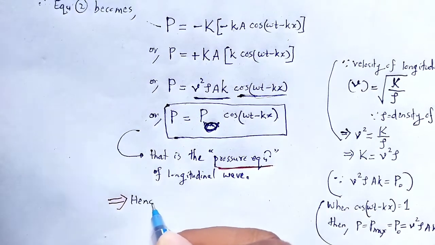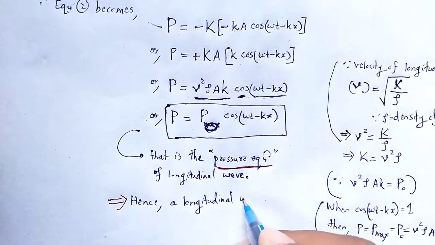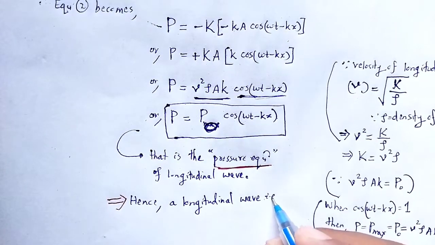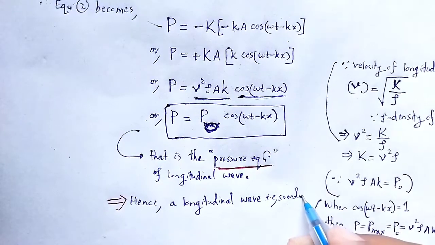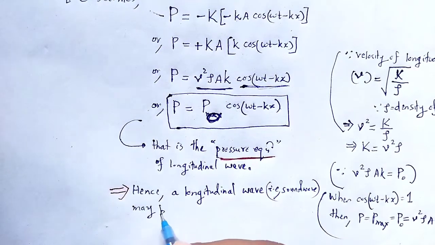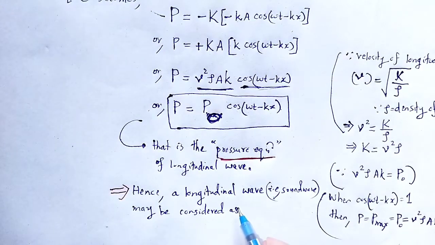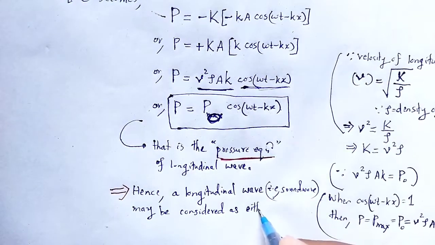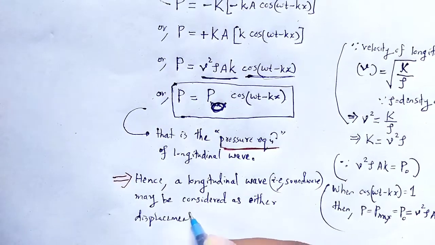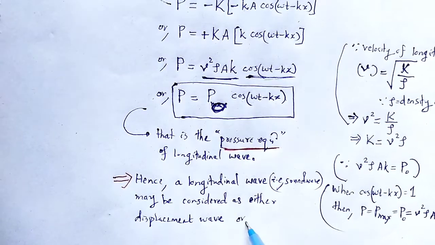Hence, a longitudinal wave, which is also known as a sound wave under the category of longitudinal wave, may be considered as either a displacement wave, or a plane progressive wave, or a pressure wave.